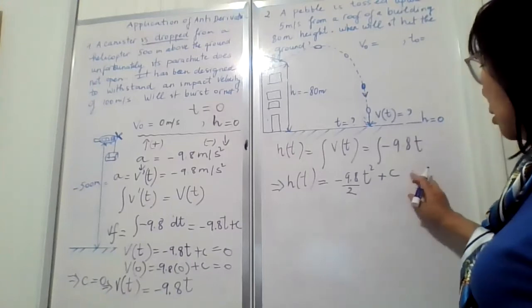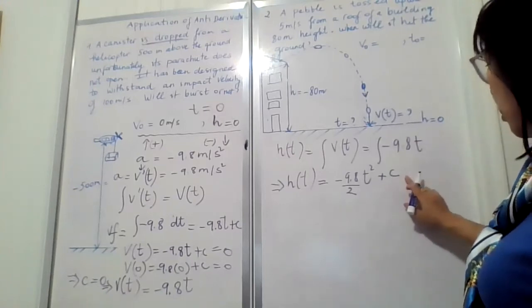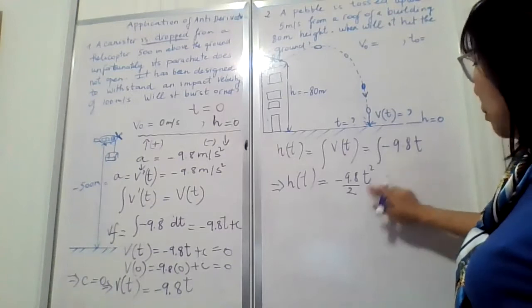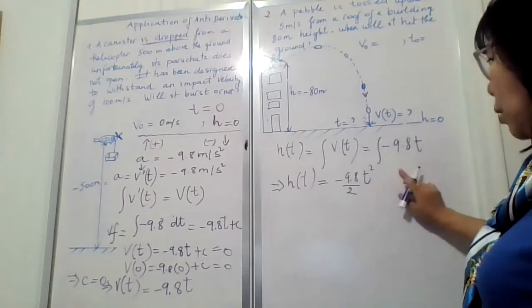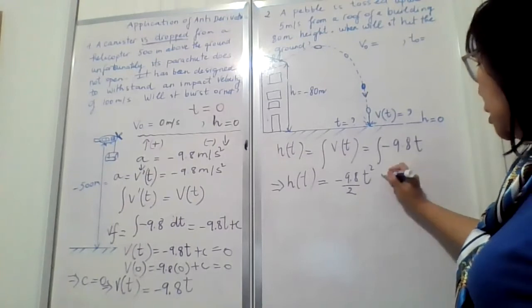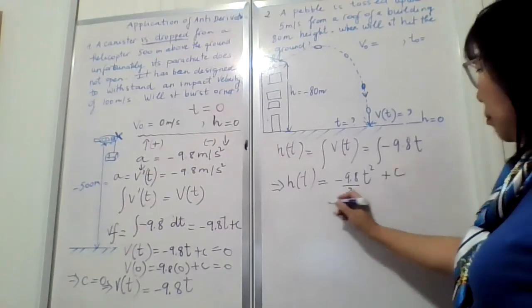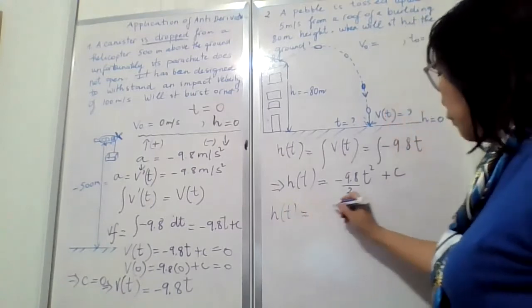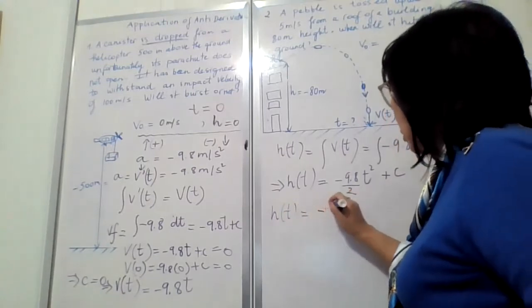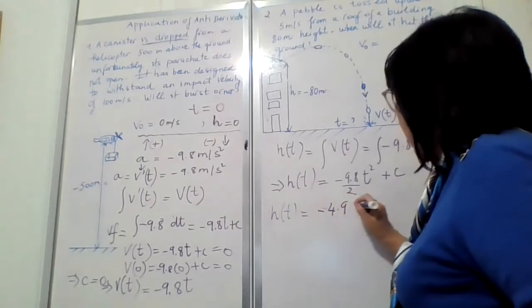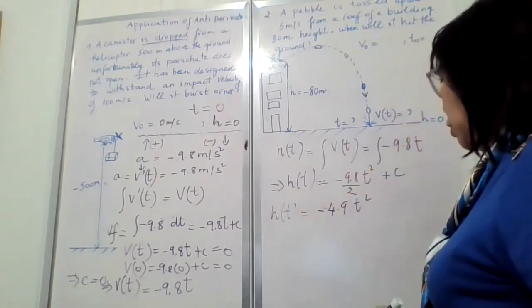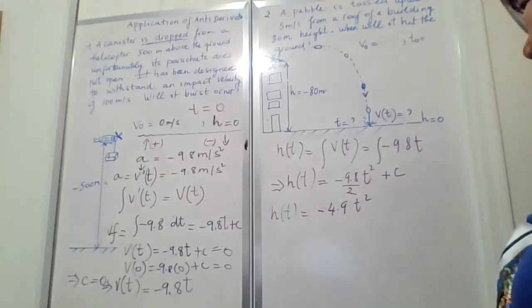Okay, so actually height of t equals minus 9.8 t squared plus c. And that height of t will be equal to minus 4.9 t squared, right? 9.8 divided by 2 equals minus 4.9 t squared.